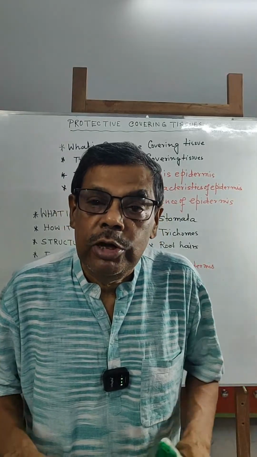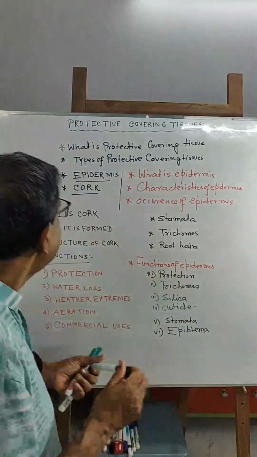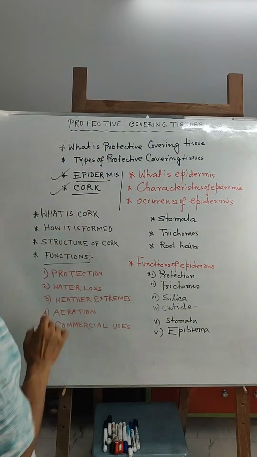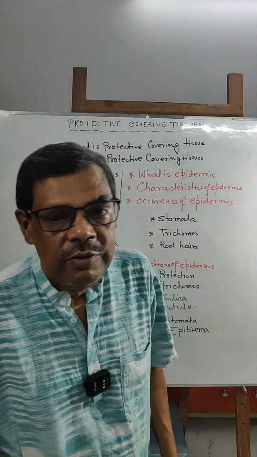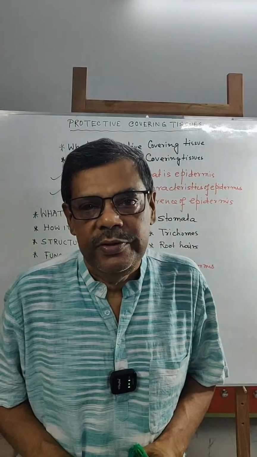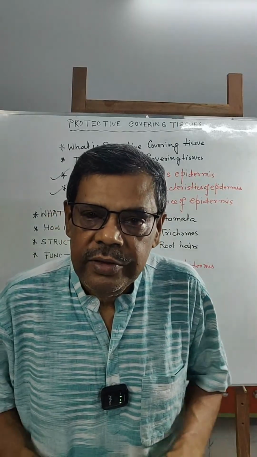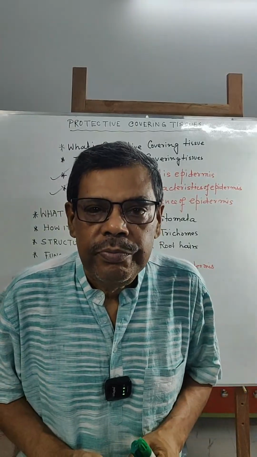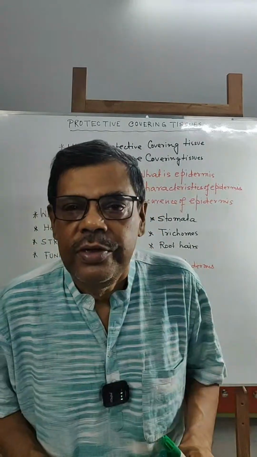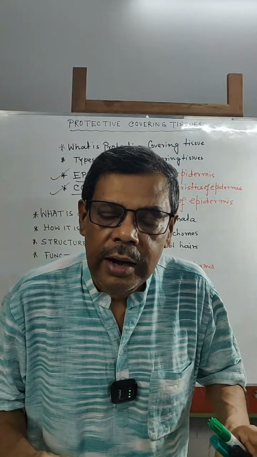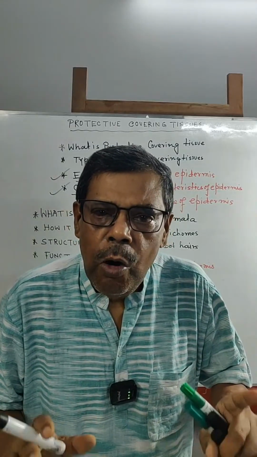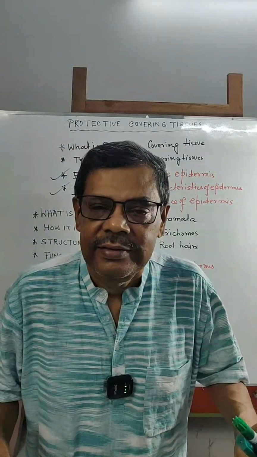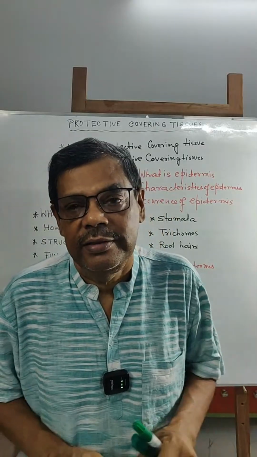Protective covering tissue is of two types: one type is epidermis and the other type is cork. First of all, what is epidermis? The plant organs such as root, stem and leaves are covered by one or multiple layers of parenchymatous living cells.